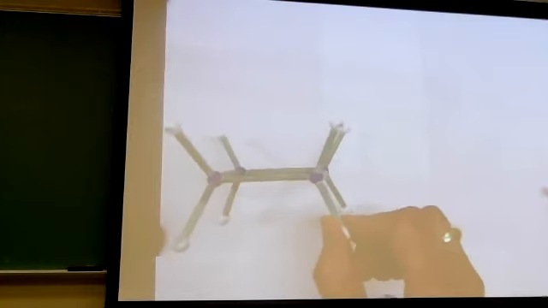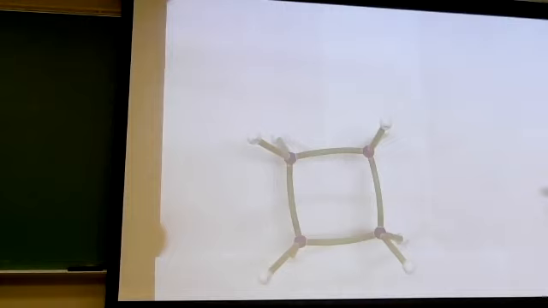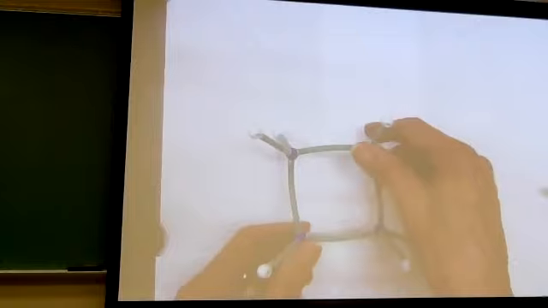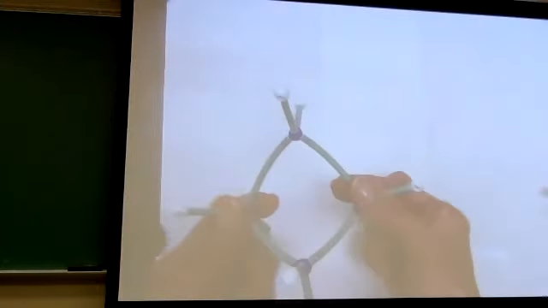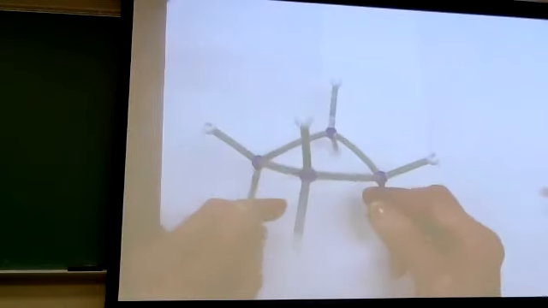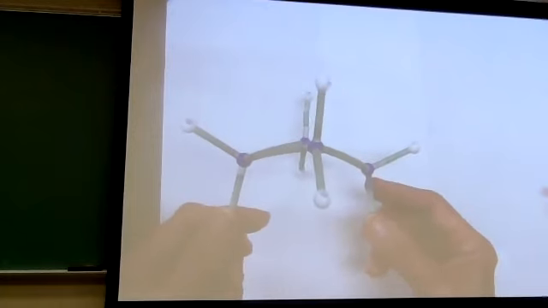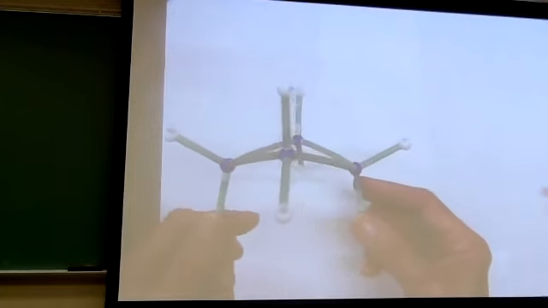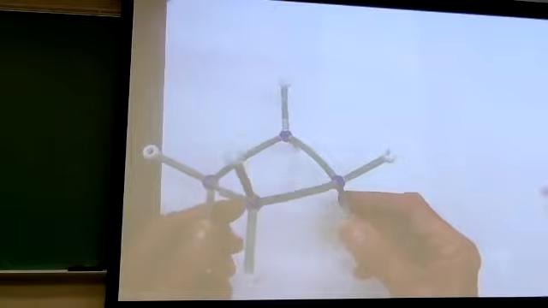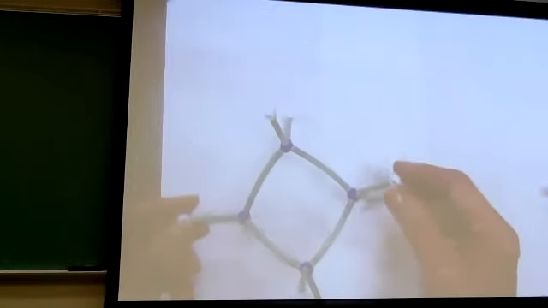And so there is something that cyclobutane can do in order to get rid of that eclipsing, and that is it puckers a little. You can see how I've puckered that? It's no longer flat. The four carbons are not in the same plane anymore. And by puckering it a little bit, you do release some of the eclipsing.